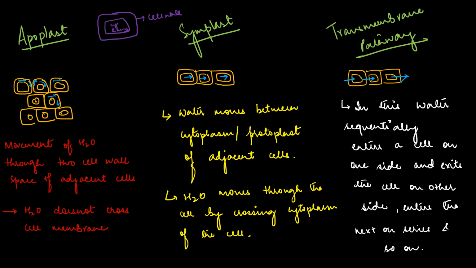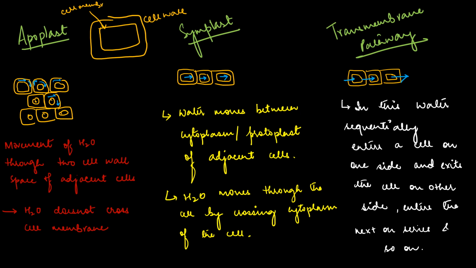Give me 1 minute, I will show you how the cell looks. See, this is a cell. This is what we call cell wall. Now this one we call cell membrane, right? And this one we call cytoplasm. So in case of apoplastic pathway, what will happen?